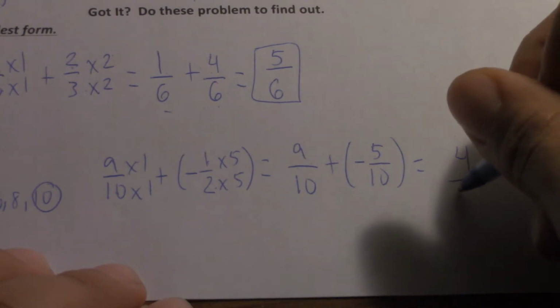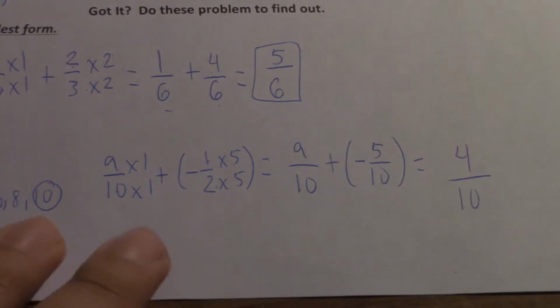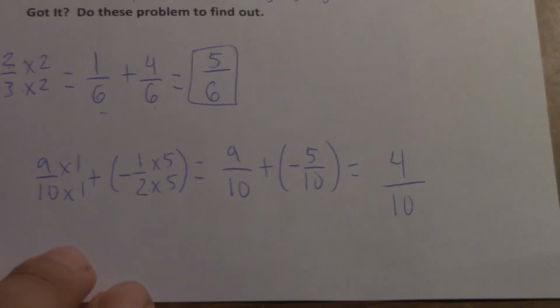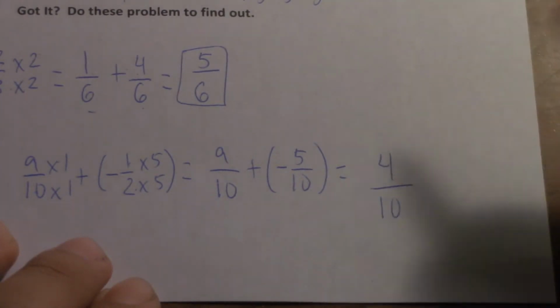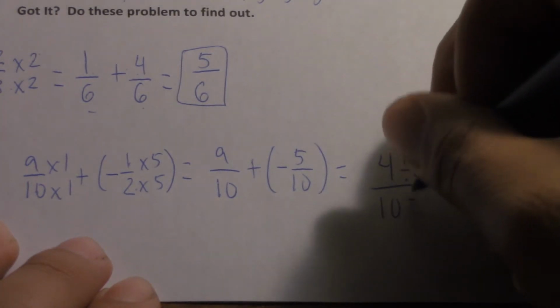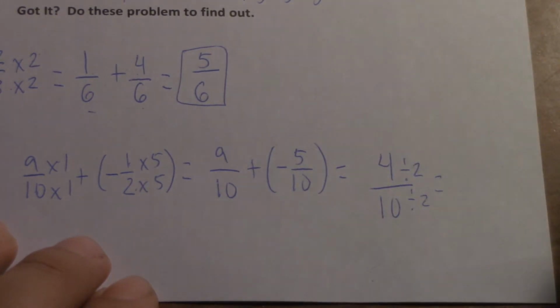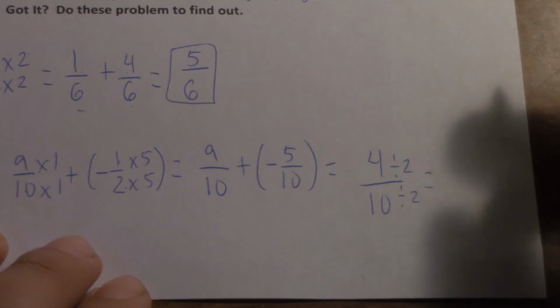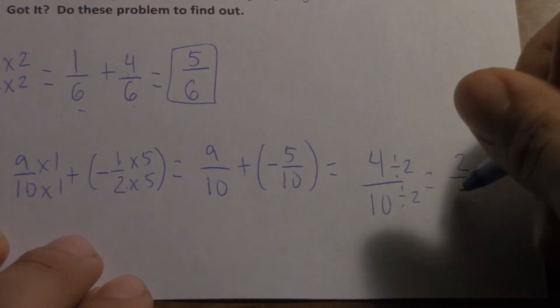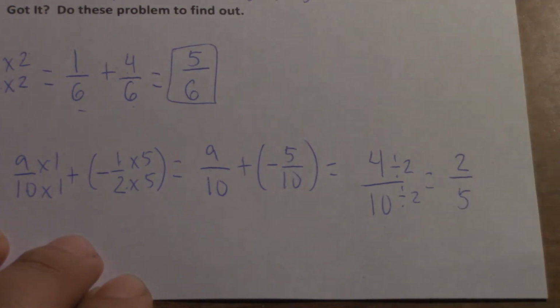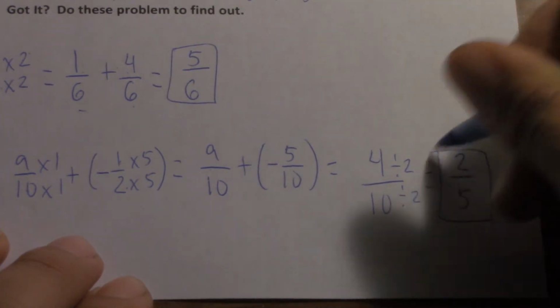So I have 4/10. But I want to simplify this in simplest form. So let me choose a number that can go into both 4 and 10. Let's try 2. So we're going to divide both the numerator and denominator by 2. 4 divided by 2 gives me 2. 10 divided by 2 gives me 5. And that's my final answer, 2/5.